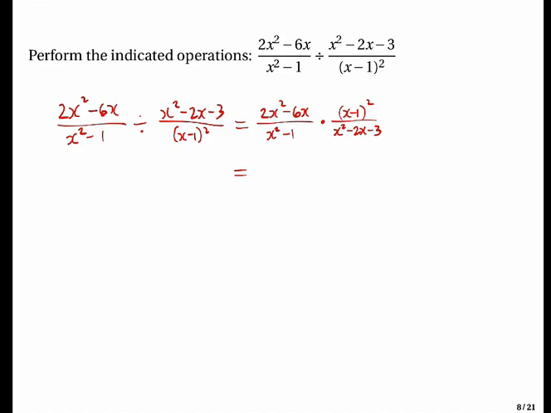So here, we factor 2x, so we have 2x times, what remains is the expression x minus 3. For the denominator here, we factor that into x minus 1, x plus 1 times. Of course, x minus 1 squared is completely factored. For the denominator here, this can be factored into x minus 3 times x plus 1.